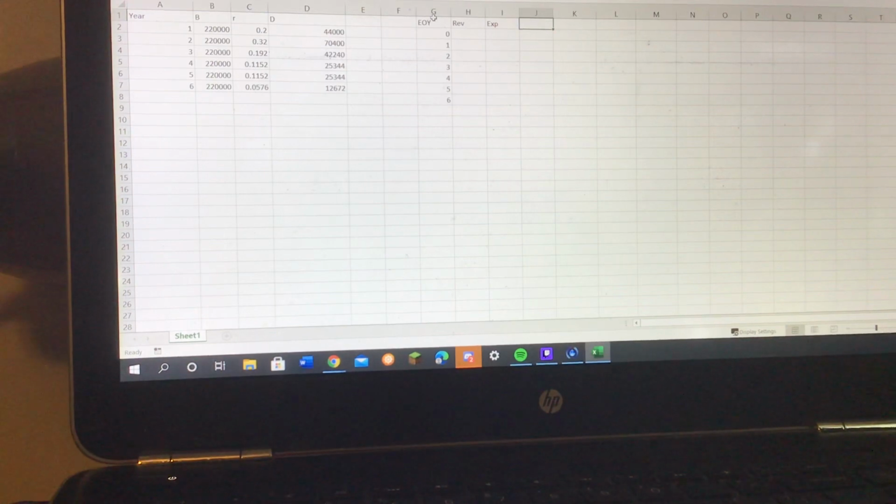Then our before tax cash flow, so we'll use that acronym. Again, D for depreciation. We will have our taxable income and our, now this will be confusing, this is income tax.